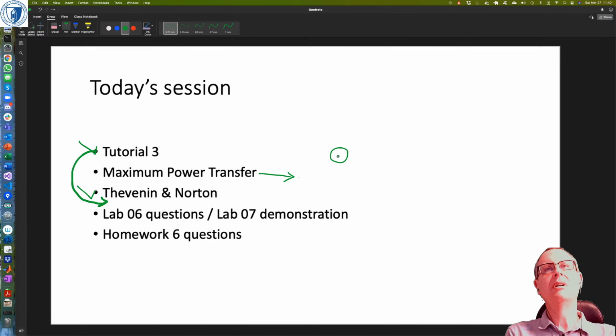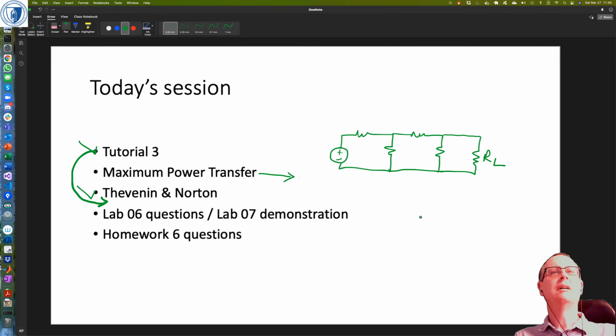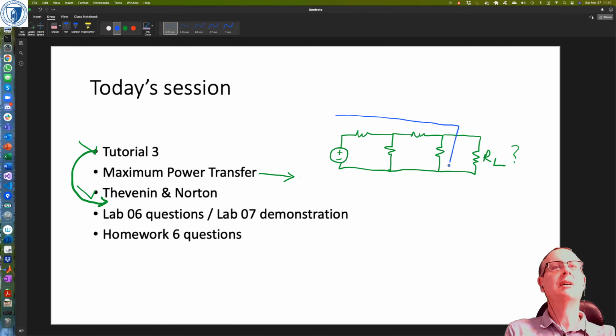If I have a circuit, and that circuit is going into a load, and I want to know the load at which I get maximum power transfer, what I can do is replace this circuit with its Thevenin equivalent.